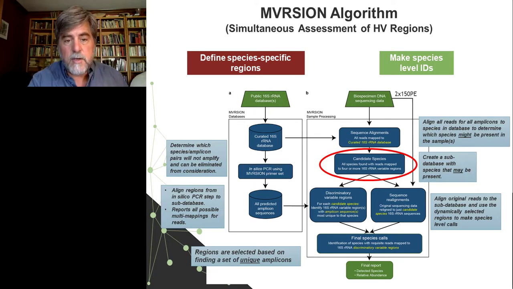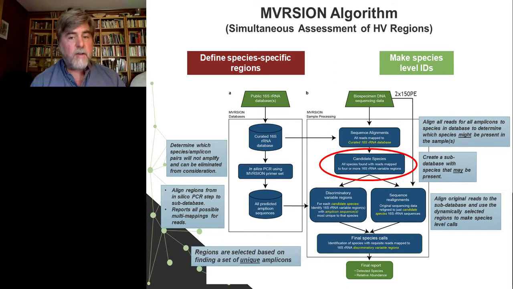We're not using our predicted amplicons yet. We're still up at the top. You can see that first horizontal arrow is to the full-length database. And what this does is this filters away any species which should not be there. And we end up with a database called candidate species. So these are amplicons from species which aligned to our highly curated database.